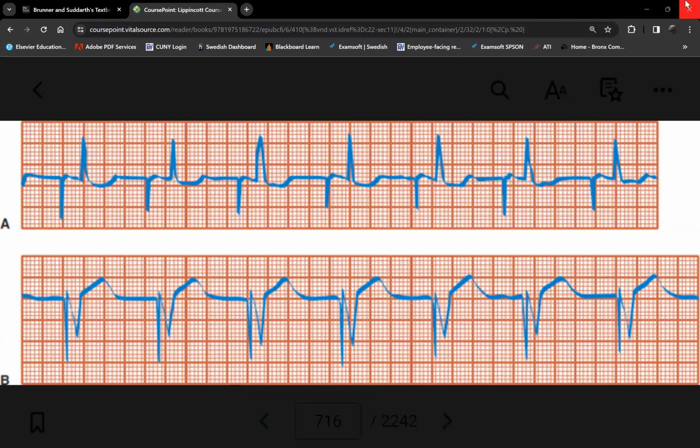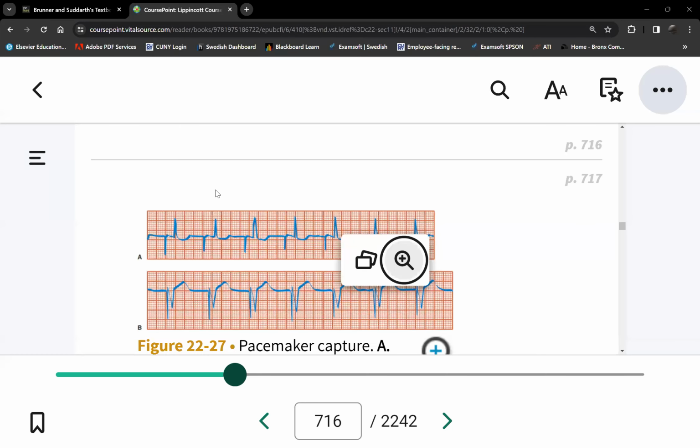So instead of the QRS complex, what do you see? The same pacemaker spike. If that's what you see instead of the QRS complex, now we call it ventricular pace. Okay, so ventricular pace, V pace, V pace, V pace. So no more SA node, no QRS complex. It depends on what is being paced. Is it the atria or the ventricles? It really depends on the patient's underlying problem.